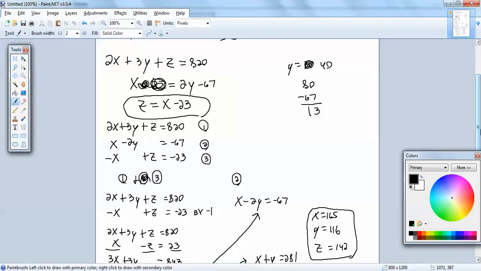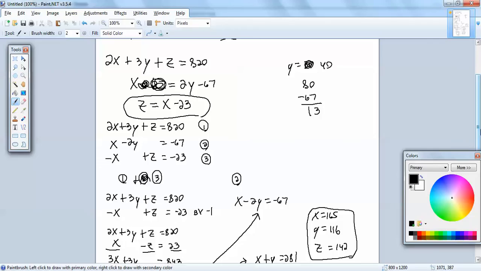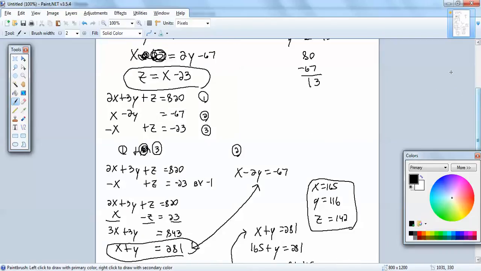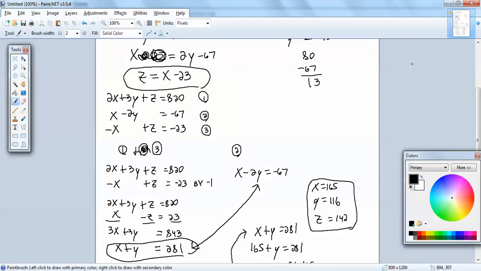That seems to make sense. And the number of 2-point field goals that Rebecca made was 67 less than double the number of 3-point. Double the 3-point. 3-point was y. So double that. 116 times 2, 232. And was 67 less. So minus 67, 165. Yeah, that seems to be making sense.